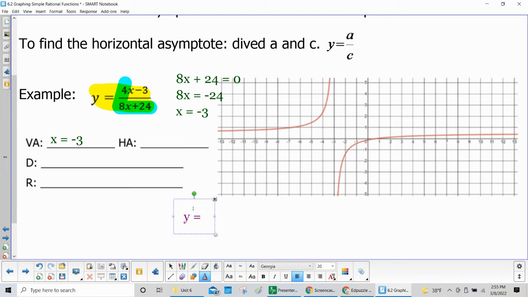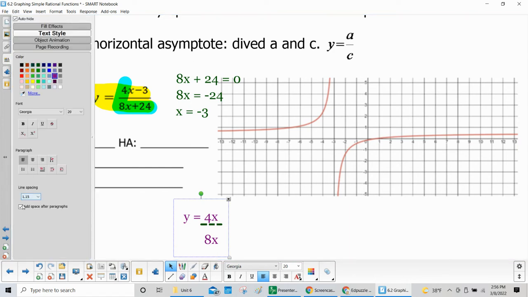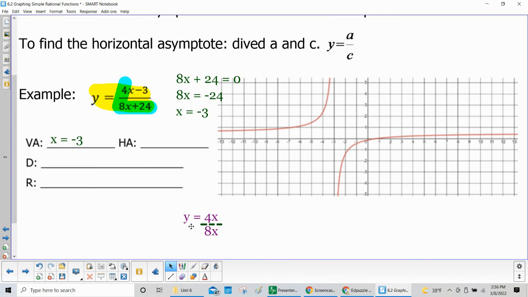Y equals 4x divided by 8x, if I put this in fraction form here. But as 4x divided by 8x, that would reduce pretty nicely to just 1/2. So I would have for my horizontal asymptote, y equals 1/2. And so if I was to go in and actually draw that, let's see here.